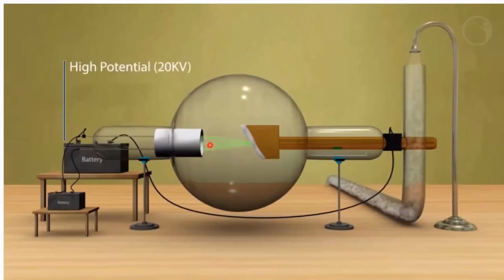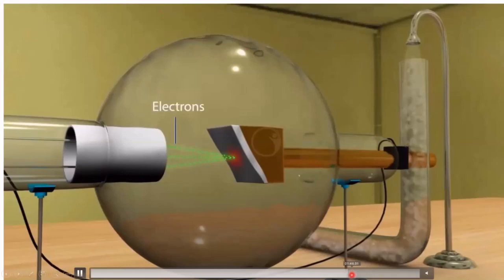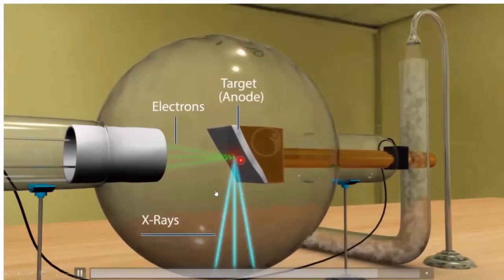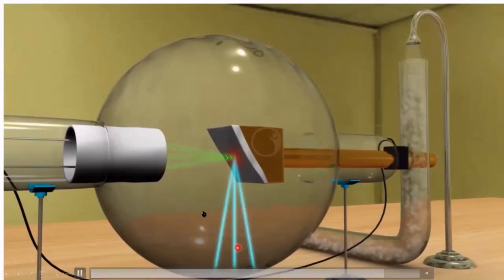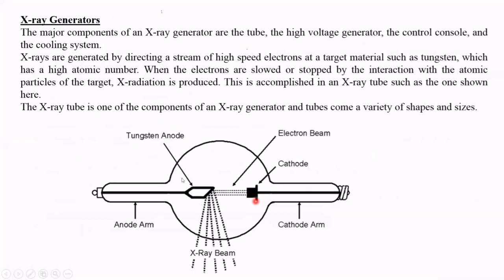See this. After the heating of electrons, X-rays are generated at the anode. These are the X-rays. These rays are important, and we can control them. After the electrons hit the anode hard, X-rays are generated.